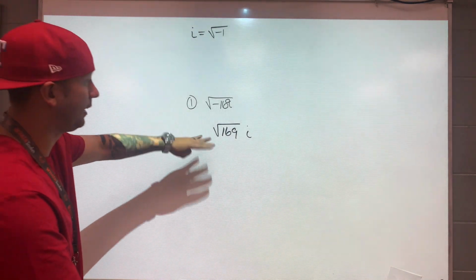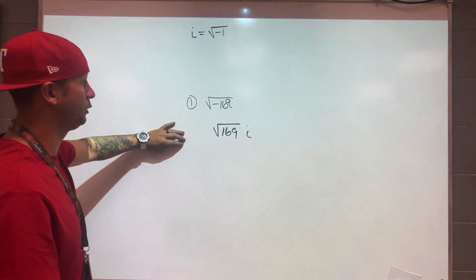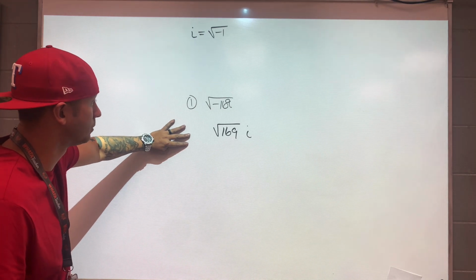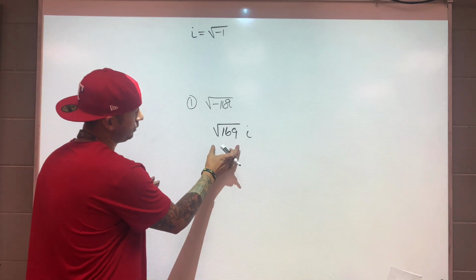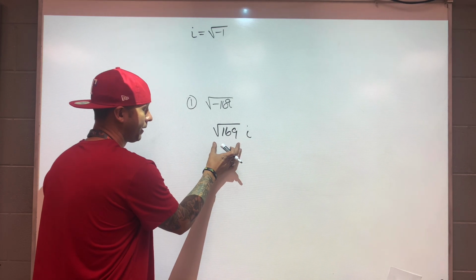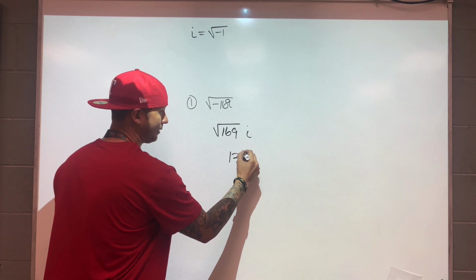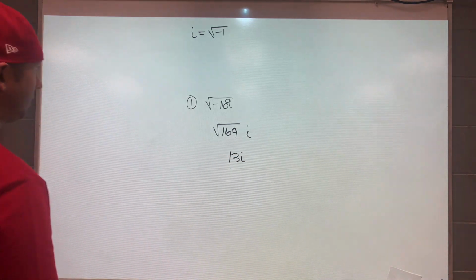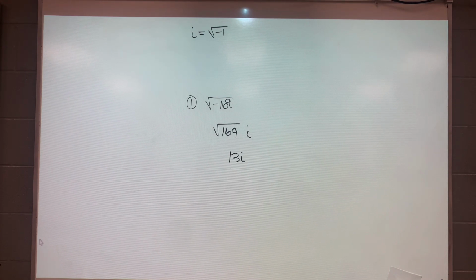Okay, and then handle the square root like normal business. So 169, that's a perfect square. This is going to be 13i. So answer number 1 is 13i.